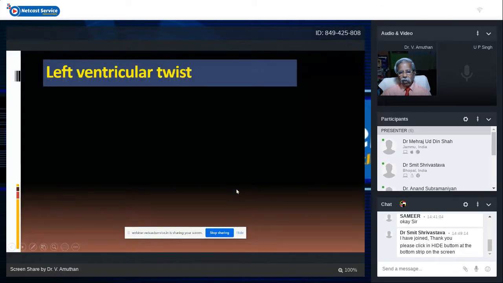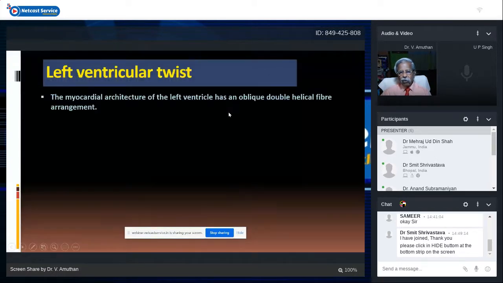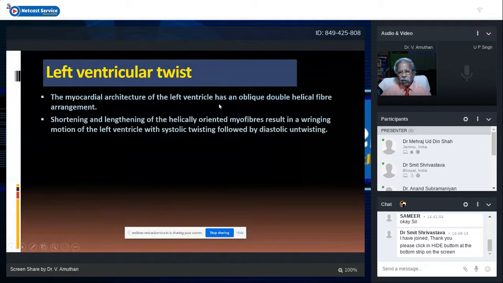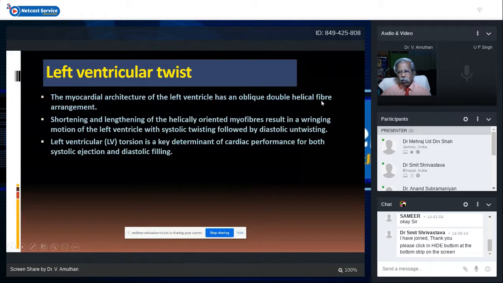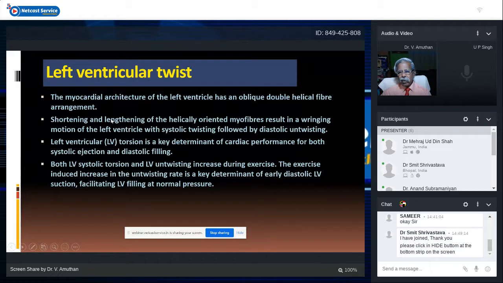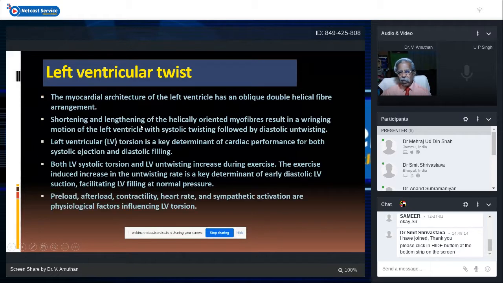Another advantage is the left ventricular twist. The myocardial architecture of the left ventricle has an oblique double helical fiber arrangement, and shortening and lengthening of the helically oriented myofibrils result in a wringing motion of the left ventricle, which is systolic twisting followed by diastolic untwisting.